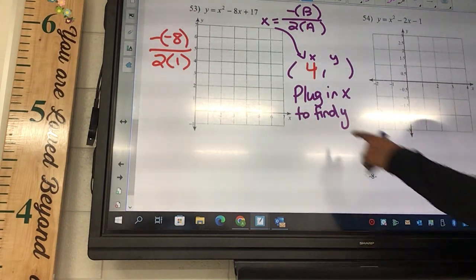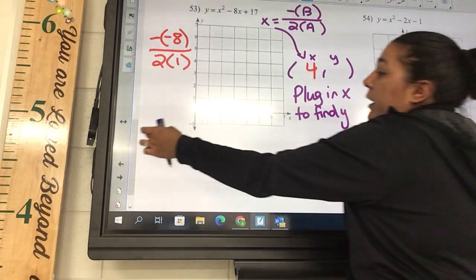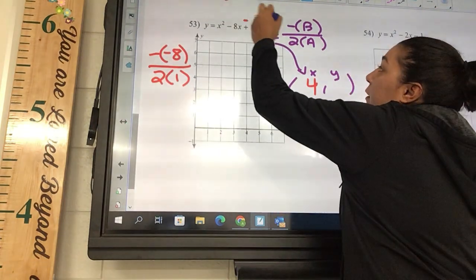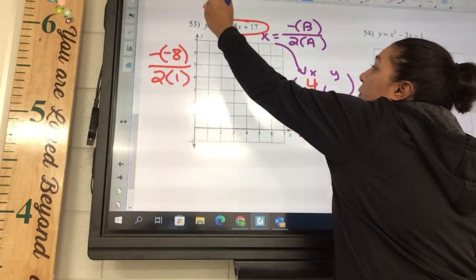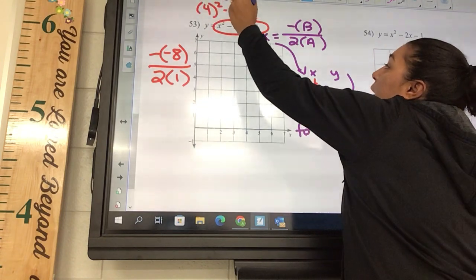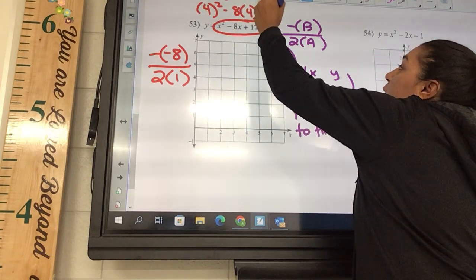Now it says plug in the x to find the y. So we're going to plug that in up here, and it should look like 4 squared minus 8 times 4 plus 17.